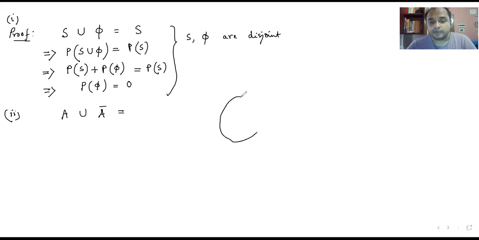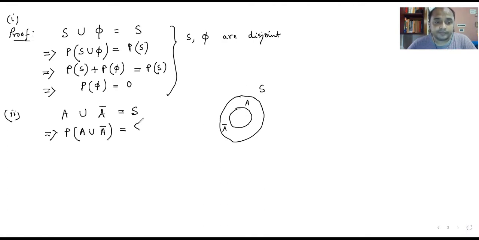And I'm assuming, for the sake of my problem, that capital A is the only event present inside capital S. Outside event is capital A bar, so that their union is capital S. If I apply probability on both sides, again we can apply axiom 3 because they are mutually exclusive.